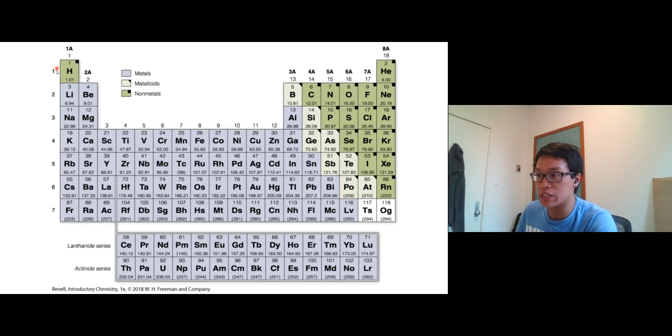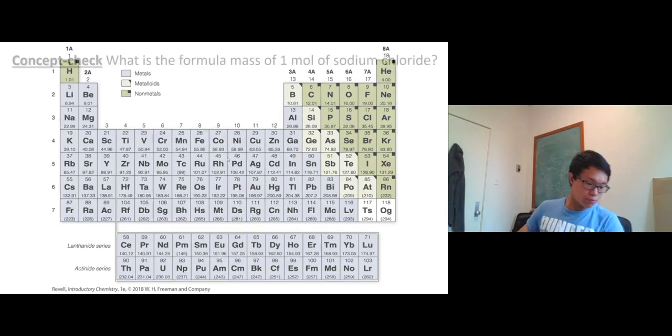From now on, when you look up the molar mass, you're going to look at this number: carbon 12.01, nitrogen 14.01, helium 4, and hydrogen 1.01. So when you do calculations, we will get the same number.